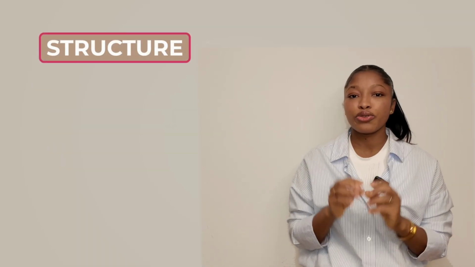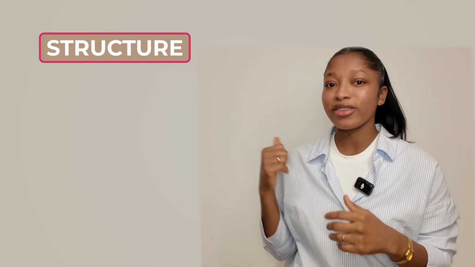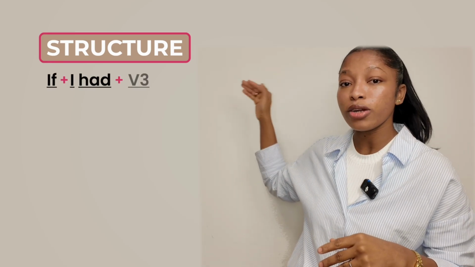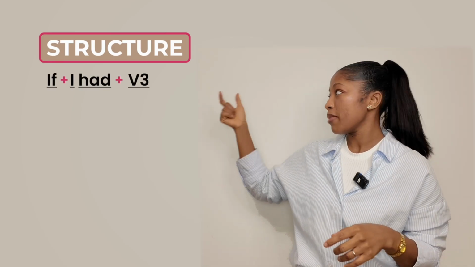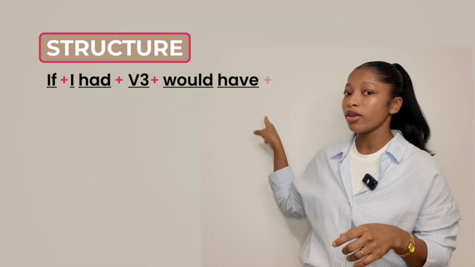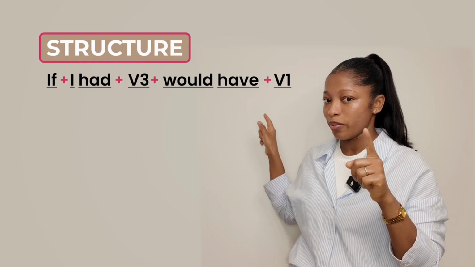Let's look at the structure for the mixed conditional. And usually the most common structure looks like this. For the if clause, which is the situation, we use if I had plus the third form of the verb. Then in the main clause, we use would have plus the base form of the verb.